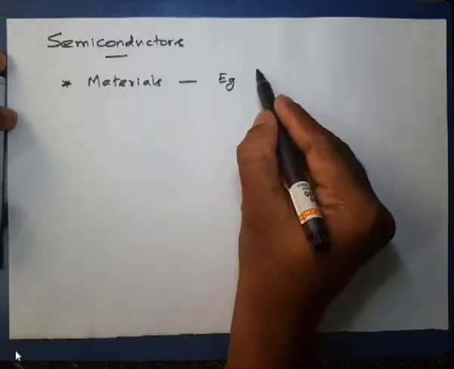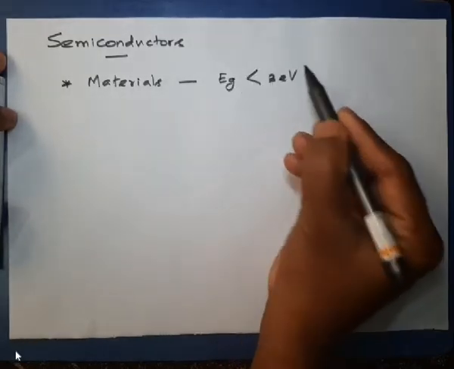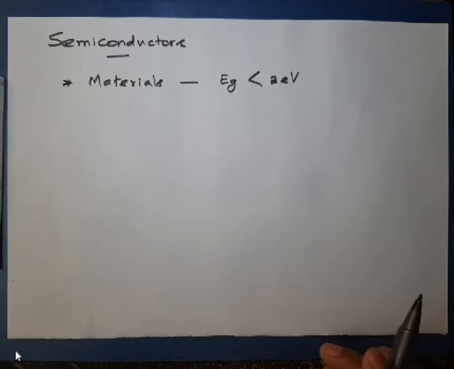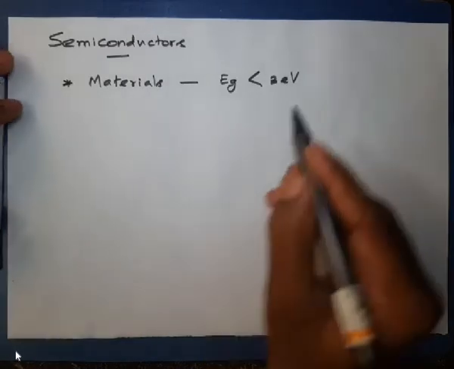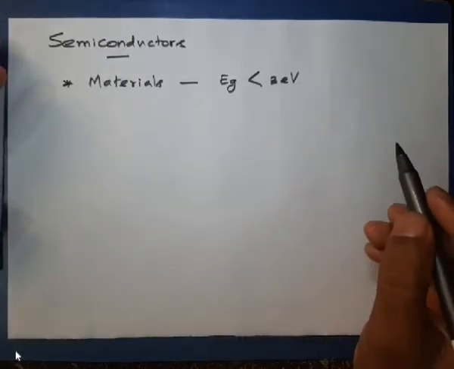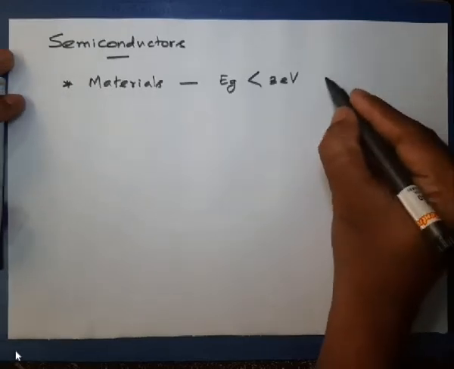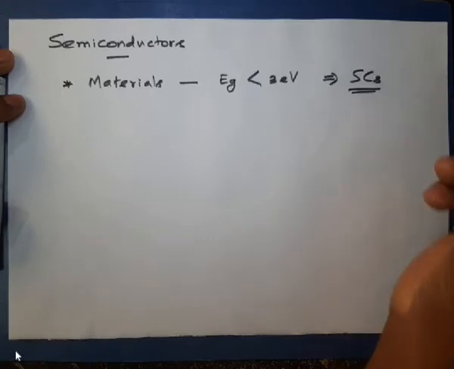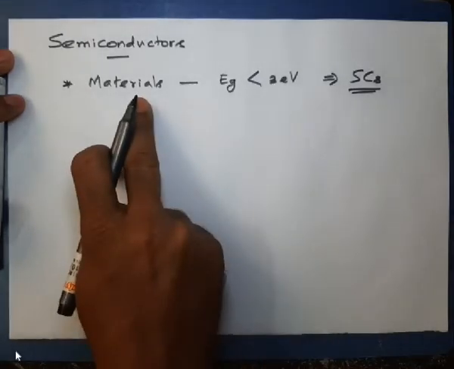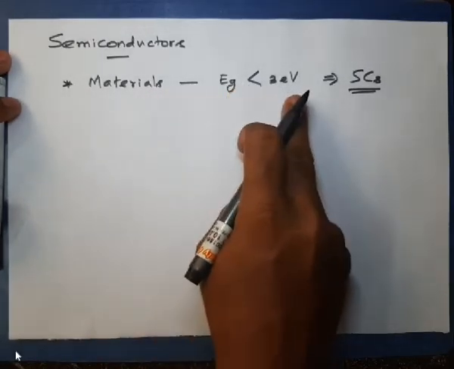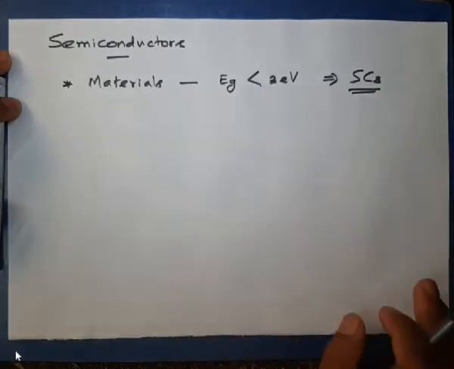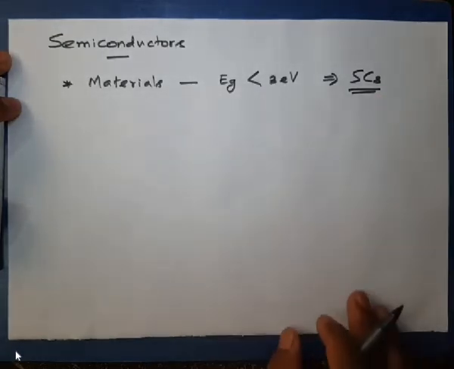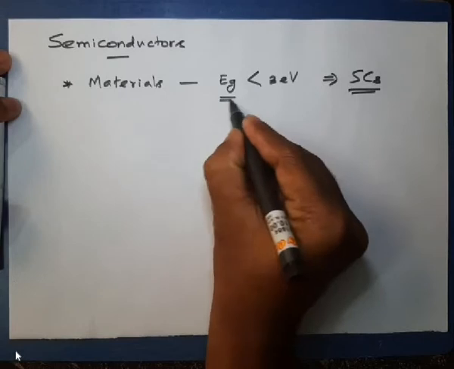If the band gap is less than 3 electron volt, then we call those materials semiconductors. So materials for which the band gap is less than 3 electron volt, those materials we call semiconductors. Right, what is meant by band gap?